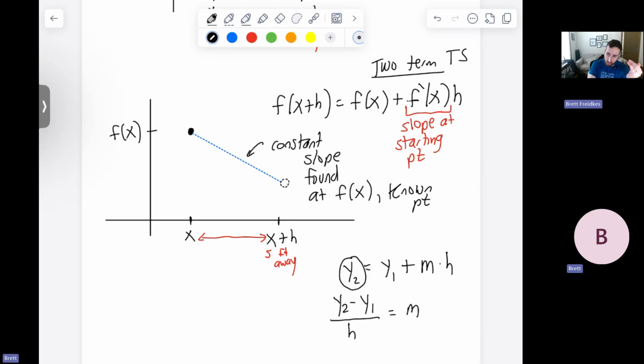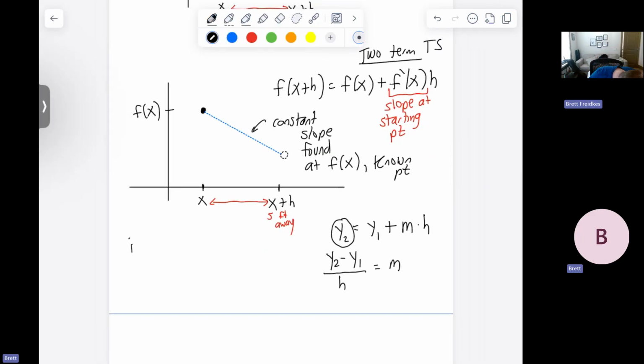Maybe I'm throwing it down, maybe I'm throwing it straight, or maybe I'm throwing it up. And depending on the way I'm throwing it, I can estimate this is where the plane is going to end up some distance away. Now, if h is small, this is a pretty good estimation.